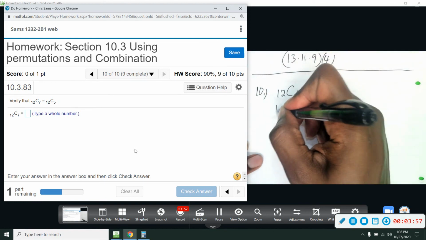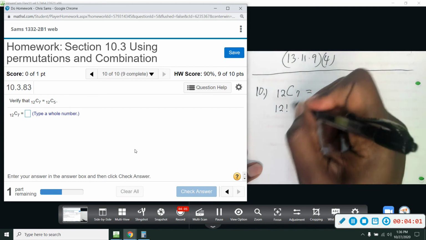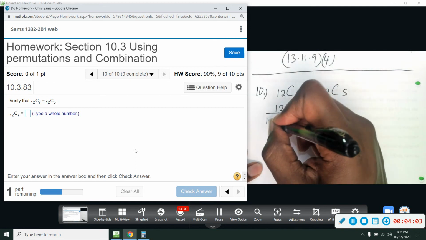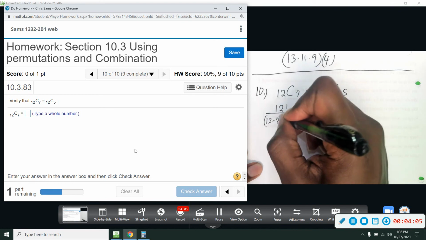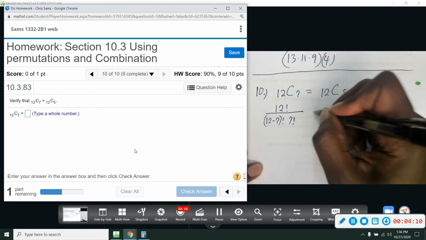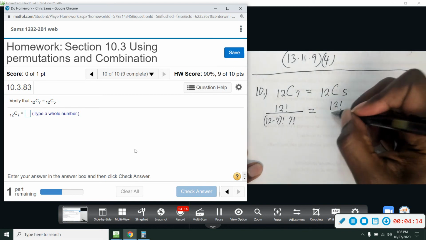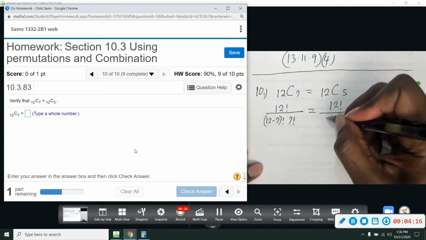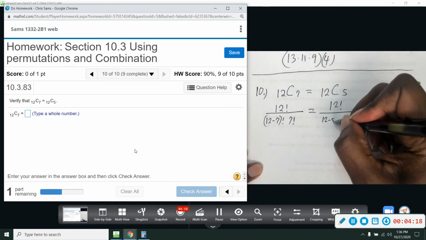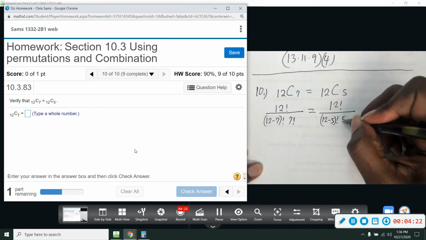So we're going to do 12 factorial, that's the first number, and then you're going to have 12 minus 7. I'm going to go ahead and write it out this time. 12 minus 7 factorial, then you have a 7 factorial. And then over here, we're going to have 12 factorial divided by 12 minus 5, and then another 5 factorial.